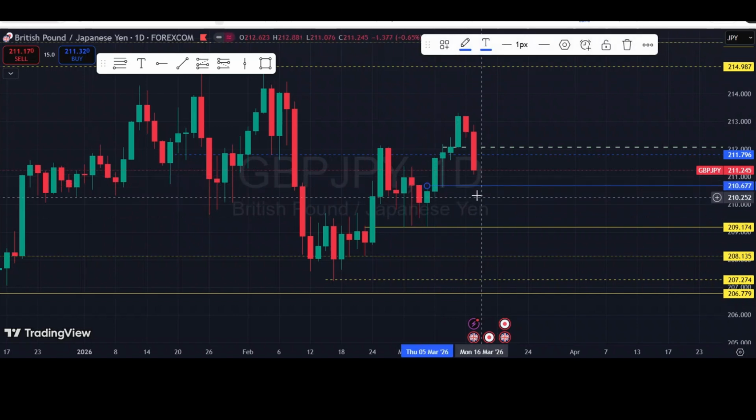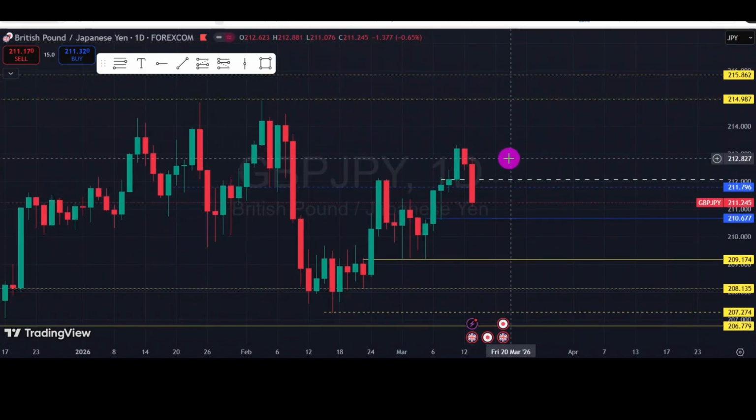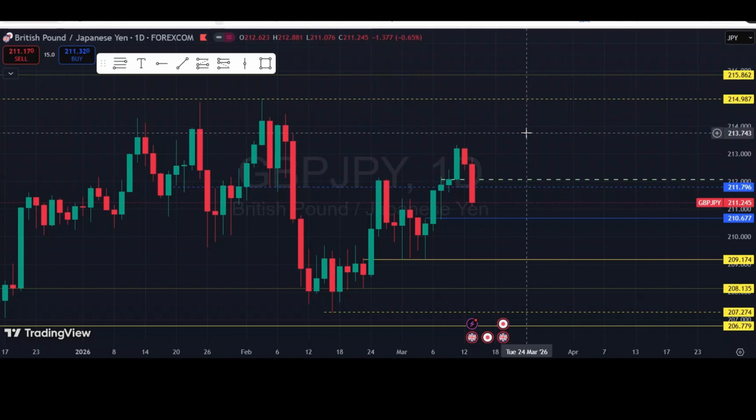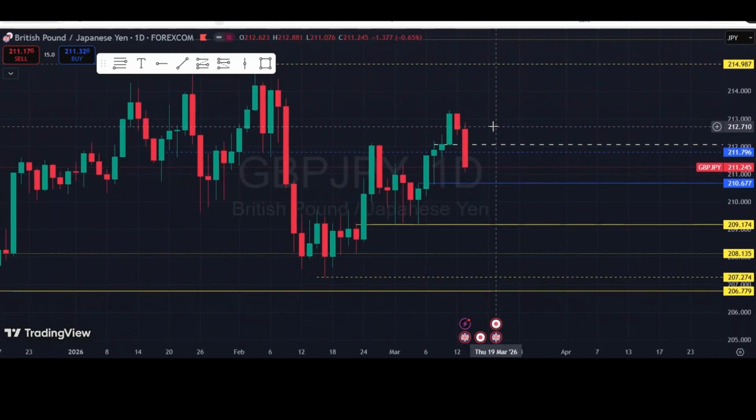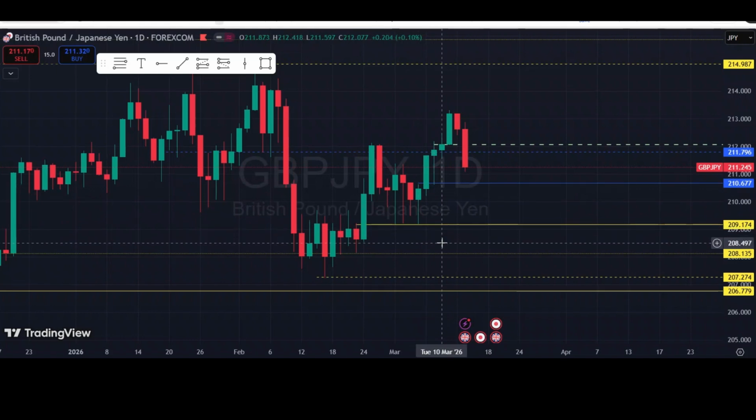I want to see price react to that area and maybe return to the upside to take out this high at 214.98, before this high, which is a monthly high at 215.86. If price decides to drop lower after this order block, even though my eyes are more on this order block, the next area will be these lows at 209.17 on the daily time frame. So we keep our eyes on this level.